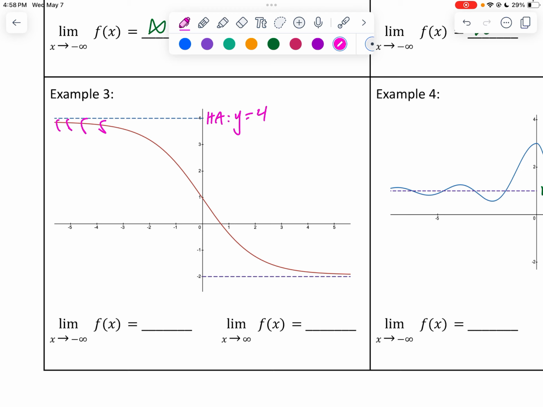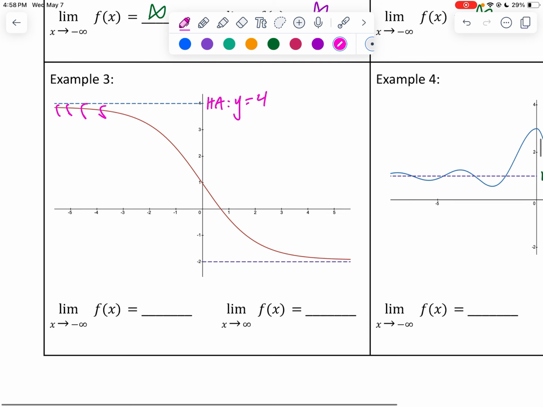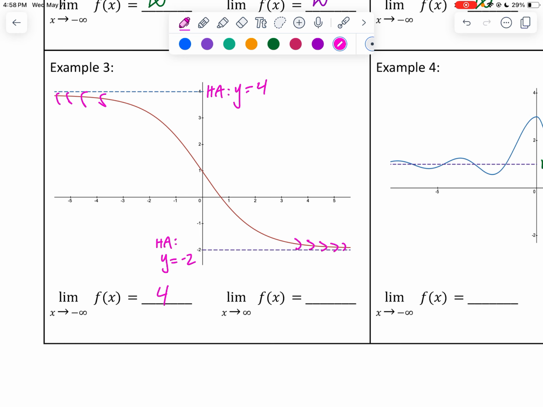And very similar with our rationals, as we are approaching those asymptotes, we got to make sure that it's getting super, super close. This one, the limit is approaching 4 as we're getting towards negative infinity. And then this one does have a horizontal asymptote at y is equal to negative 2. So as x is approaching positive infinity, we're going to keep getting closer and closer to negative 2.